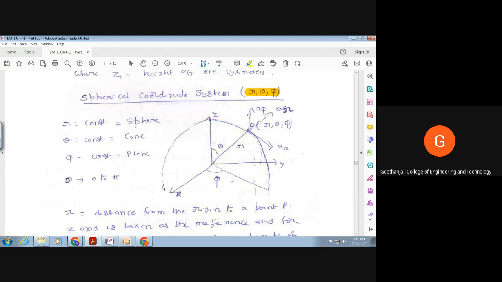The limits of theta are going to be 0 to pi radians only. Because when I say theta is equal to constant, for example, theta as it is goes 0 to 180 and then 180 to 360. So if you make one full round, we would assume that the limits of theta, just like phi, would be 0 to 2 pi radians. But what happens is, when I say theta is equal to constant, this is also theta.